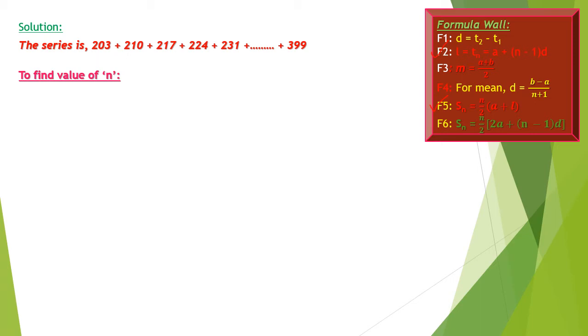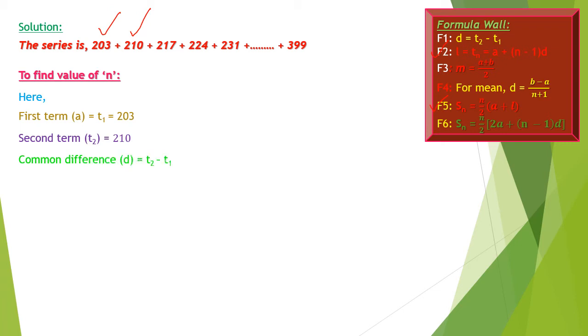To find the value of n here, the first term is 203 and the second term is 210. We can directly write common difference equal to 7, or we can go by the process, using t2 minus t1, 210 minus 203, that is 7. Okay, our common difference is 7. You can directly write 7 also.